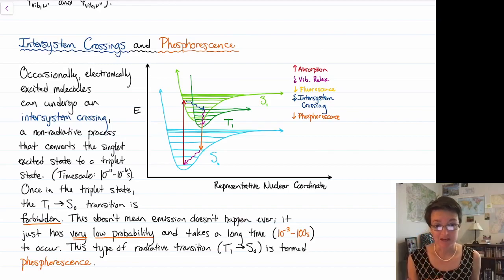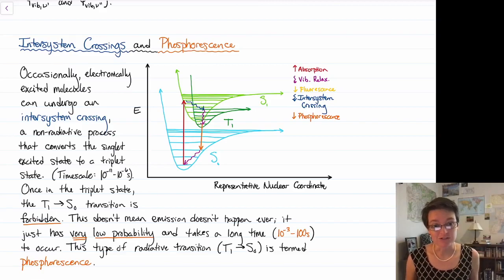That has a lot of implications for biology and for fun because it allows certain biological organisms to emit light far after the sun has gone down and it's been able to absorb those photons such that it glows in the dark.